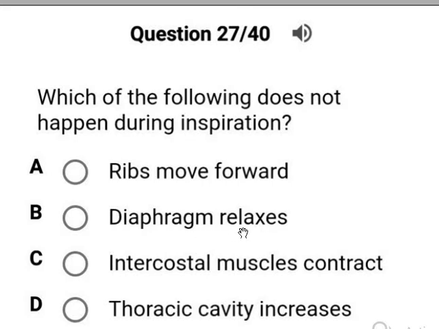We know that during inspiration, the muscles of the diaphragm contract, thereby flattening the diaphragm, so the diaphragm does not relax. All the others happen: ribs move forward, thoracic cavity increases, intercostal muscles contract. So the option is B.